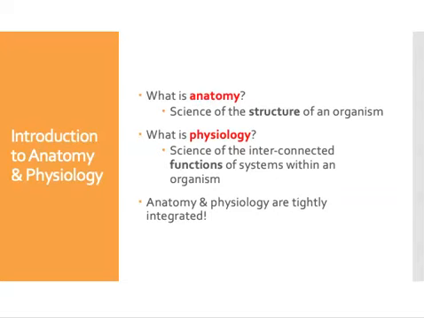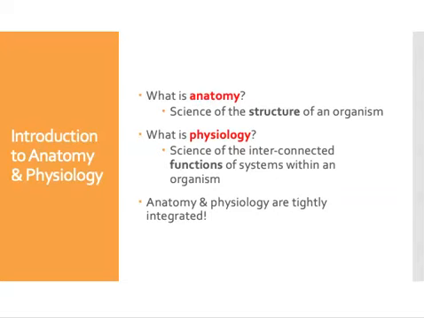an organism. Now, one of the most important things to understand about anatomy and physiology is that they are tightly linked with each other. They are always linked with each other. We always teach them together because these two things, the anatomy of the organism and the physiology of the organism, are intimately connected with each other.